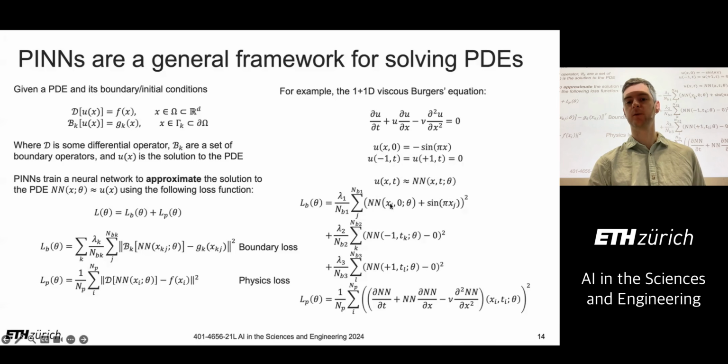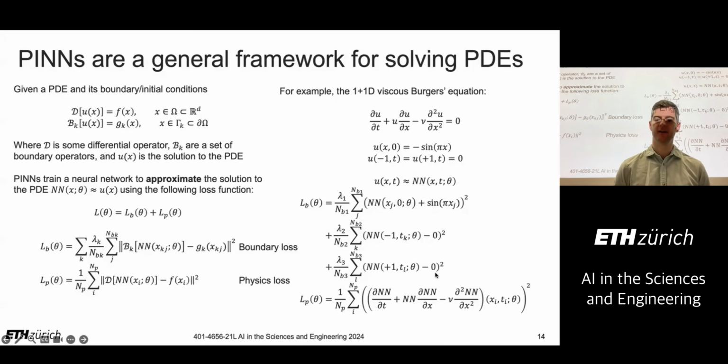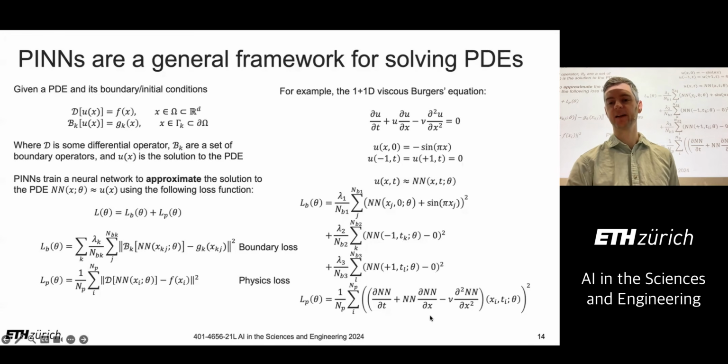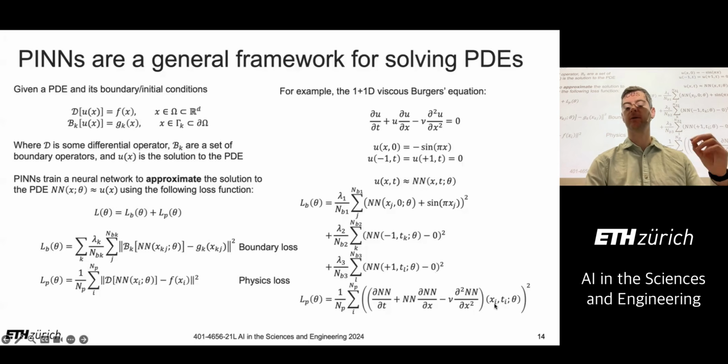So we need to sample many possible values of X when we're evaluating this term. Then this term says at X equals -1, but for all values of T, we should make sure that it's 0, and for X equals +1, the same thing. And then the physics loss, we're just evaluating the residual of the full differential equation, sampling over all possible values of X and T in our domain.